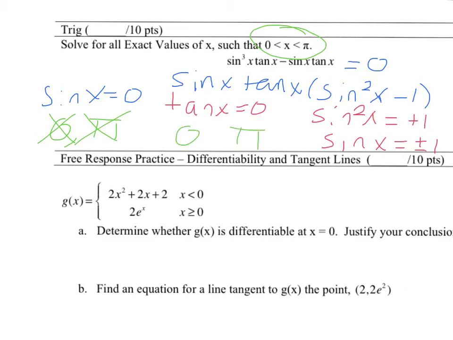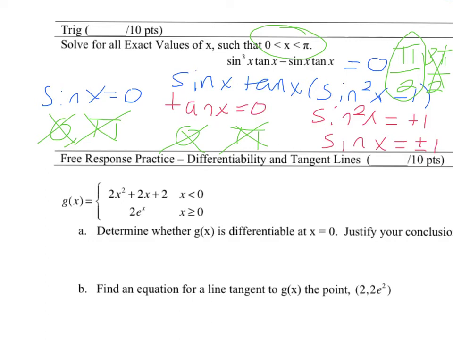Since neither of those are included, they don't count either. Sine is 1 at pi over 2. That looks like a number I can include. Sine is negative 1 at 3 pi over 2. That's not between 0 and pi, so I can't include that. The only solution to this between 0 and pi is pi over 2.